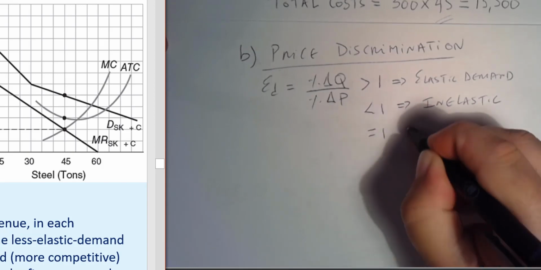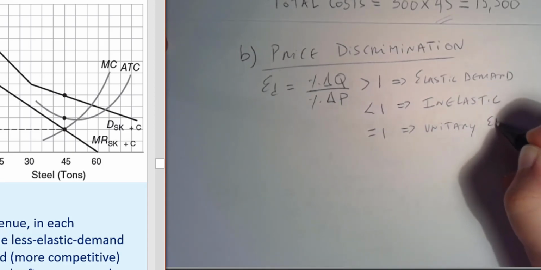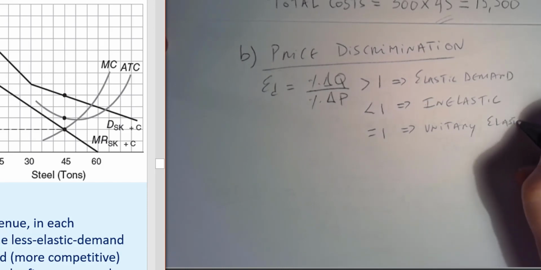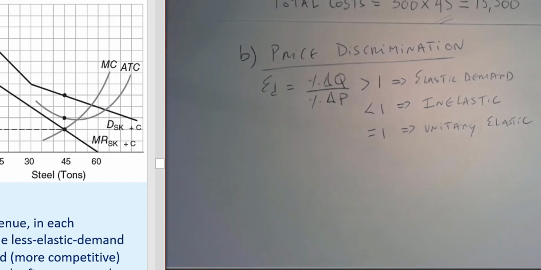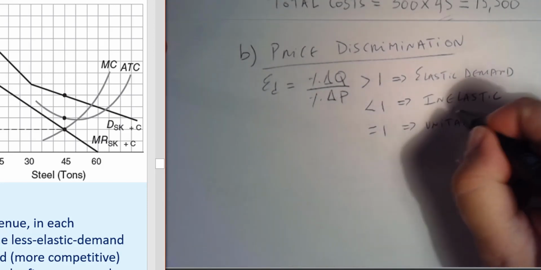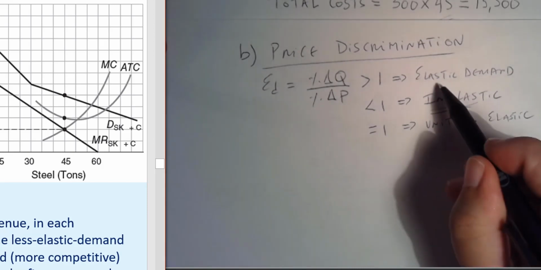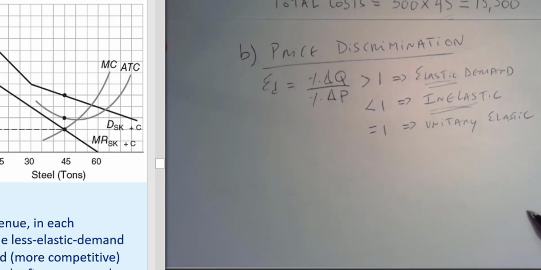If it's equal to 1, we call it unitary elastic. Okay. So the rationale is we're going to charge the highest price possible when the demand is inelastic and charge the lowest possible when the demand is elastic.